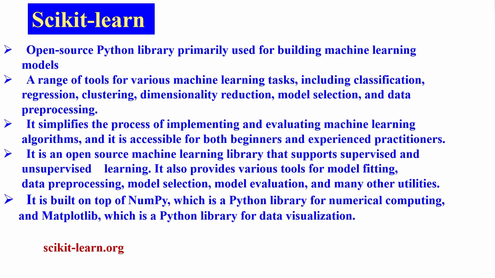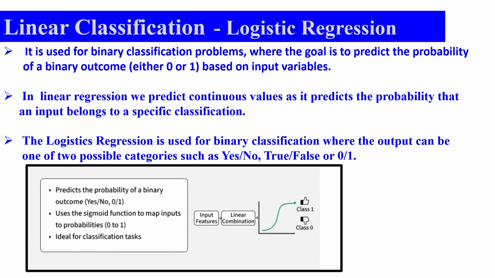Now, the last lecture discussed logistic regression. As you know, classification is a very important aspect of machine learning for material science, and in binary classification problems we simply predict the probability of a binary outcome, whether it is 0 or 1, yes or no, based on the input variables.